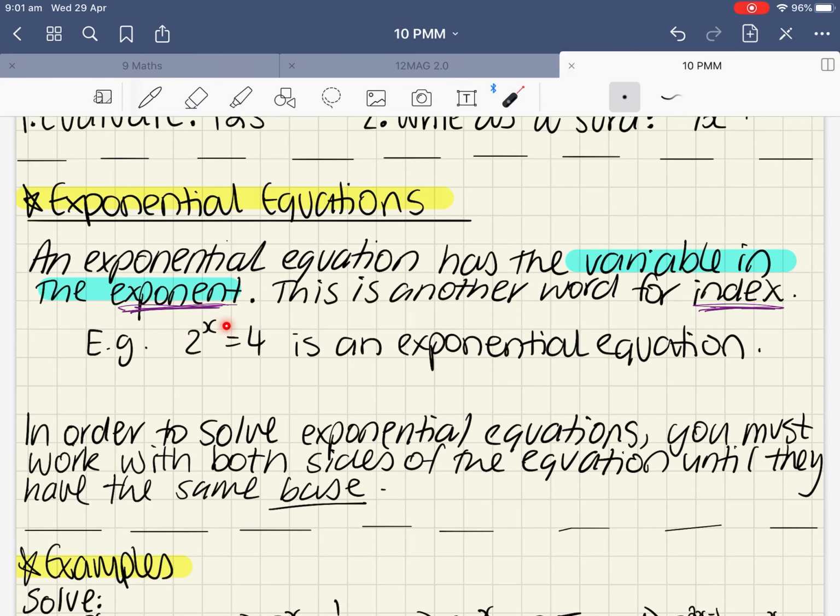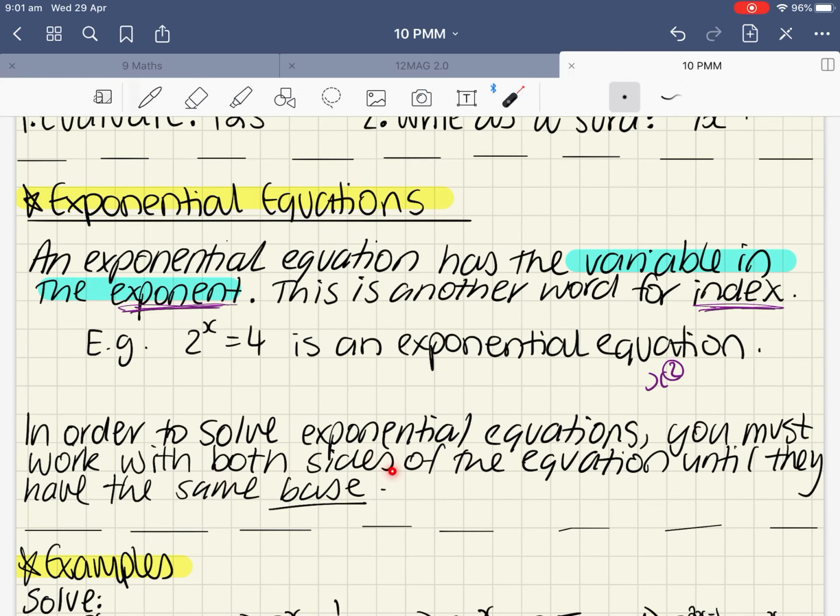So if, for example, we have a look down here, x squared, that just looks like a normal index expression, equals 4. Well, now that's an equation because it has an equal sign. This is an exponential equation. And it would be our job to work out x because the variable is in the exponent. This isn't to be confused with x squared. X squared is not exponential. Just because it's got an index, that's not where the variable is.